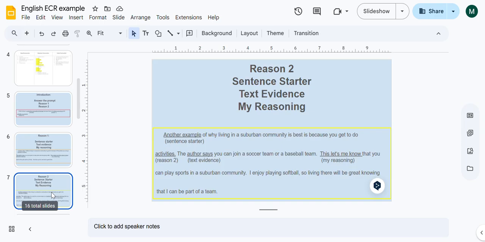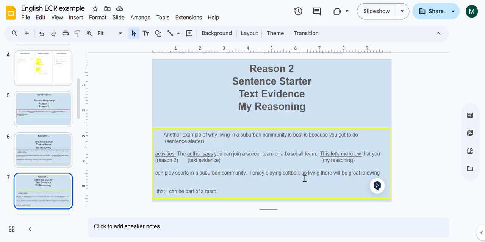Okay, my reason 2, do I have my sentence starter? Yep. Another example of why living in a suburban community is best is because you get to do activities. Here's my reason 2. The author says, here's my text evidence, you can join a soccer team or a baseball team. This lets me know that you can play sports in a suburban community.